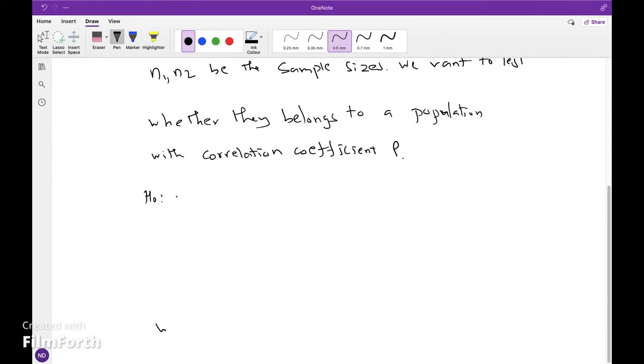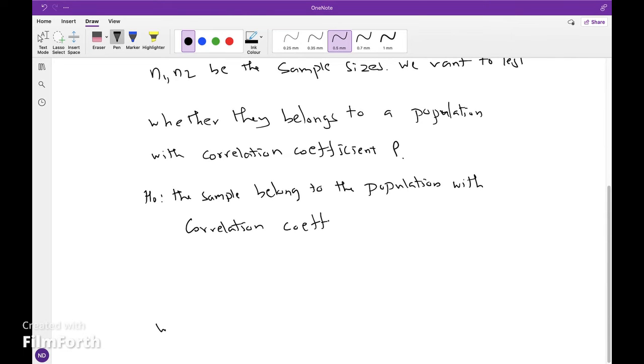Here H0 is: the samples belong to the population with the correlation coefficient rho.